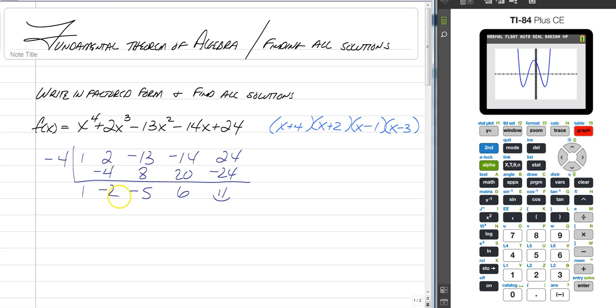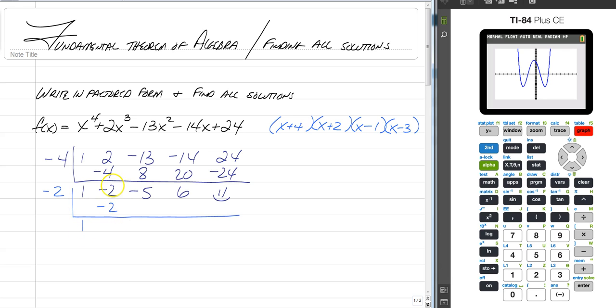But if you were to try to group that, again, it's not going to work. So what that means is you need to use synthetic division again. But this time you have to use one of the other zeros from the graph. So we just used negative 4, now let's use negative 2. Bring down the 1.